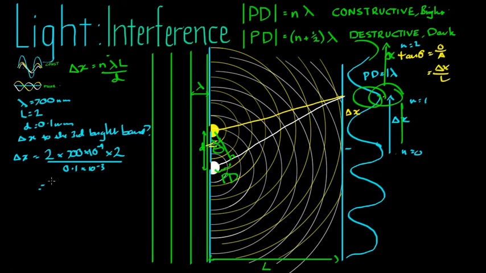I have this coming to 2.8 centimeters. So you've got to go 2.8 centimeters along to find the third bright band. Delta x equals 2.8 centimeters.